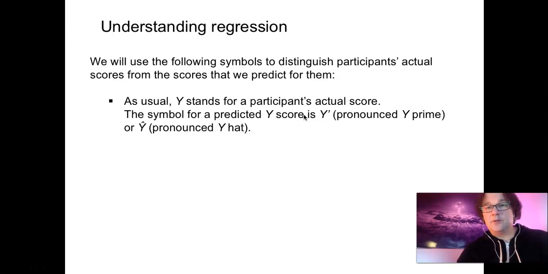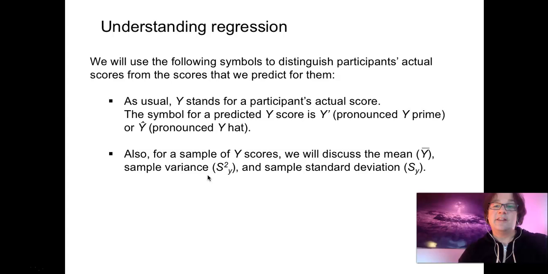Predicted Y scores are either displayed as Y with this little apostrophe, called Y prime, or as Y with this little symbol on the top that looks like a hat. And that's actually what it's called, believe it or not. It's called Y hat. So whenever we're talking about predicted Y scores, you need to refer to them as such. This way people understand that they are predicted scores, not actual scores.